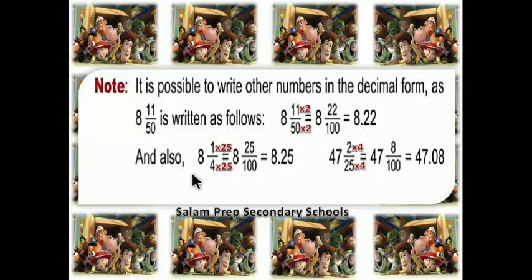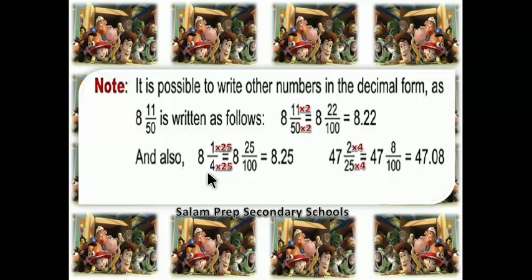Another example for you, 8 and a quarter. We can write this mixed number in decimal form, but take care, the denominator is 4. We need to make it 10, make it 100. 4 can't become 10. The friend of 4 is 25.